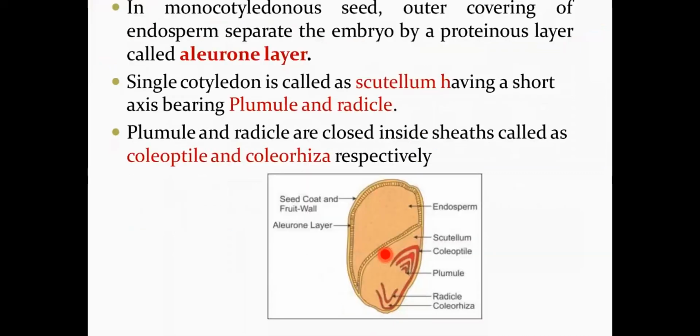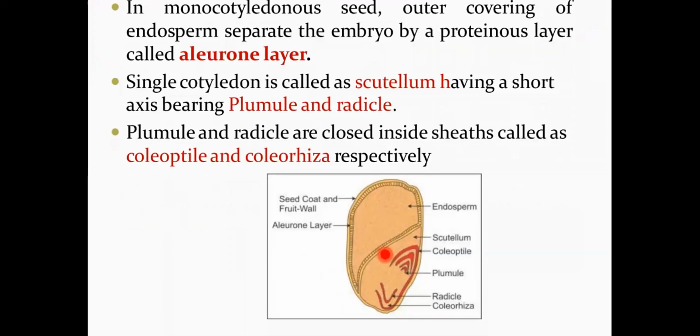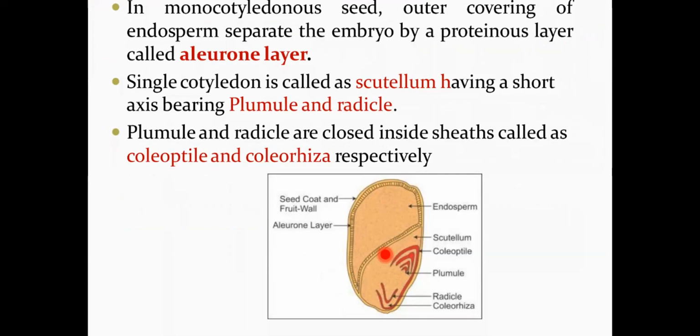Here you can see the embryo situated at one end particularly. In a monocot seed, it consists of one large and shield shaped cotyledon, and that is called the scutellum, which bears a short axis which has plumule and radicle, and the plumule and radicle are enclosed inside the sheaths which are called coleoptile and coleorhiza respectively.